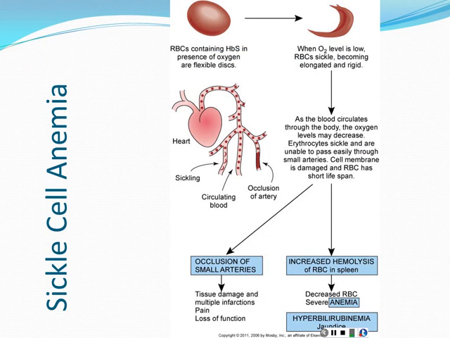It's being sent to your skeletal muscles instead. So any place that the oxygen level is low, we get the classic sickle shape. That causes them to break open or hemolyze. It also causes them to stick together and block arteries. And then once they block an artery, you're going to get pain distal to that because there's no oxygen flowing there. So that's sickle cell disease in a nutshell.